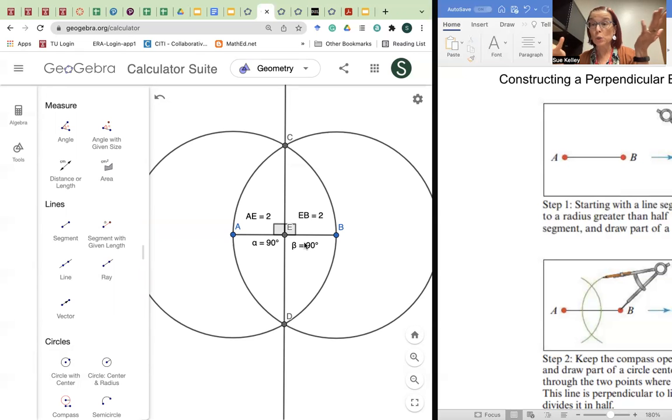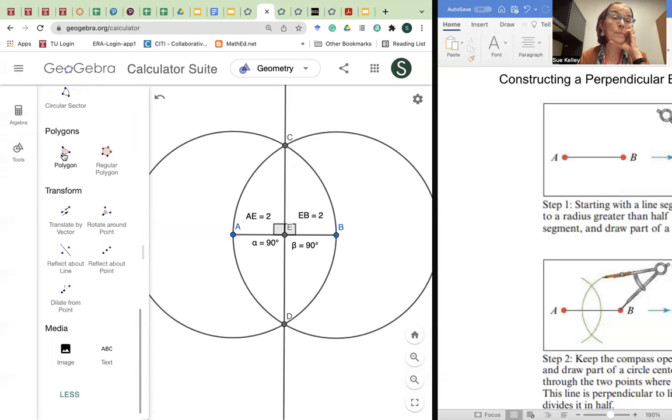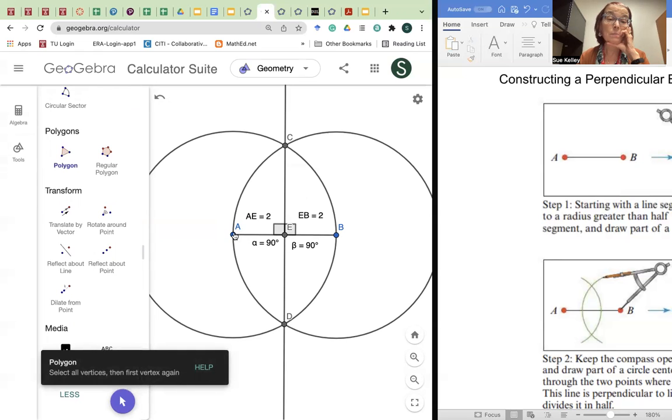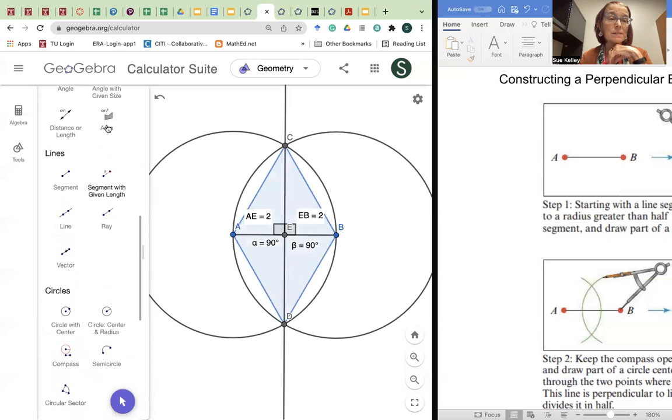Another thing that I can do, because these are perpendicular bisectors and because I'm using circles with the same radius, I can draw a polygon using my points here. So I'm going to start at A, go to C, go to B, go to D, and go to A. And the polygon that I've drawn, in case you don't know, is a rhombus.